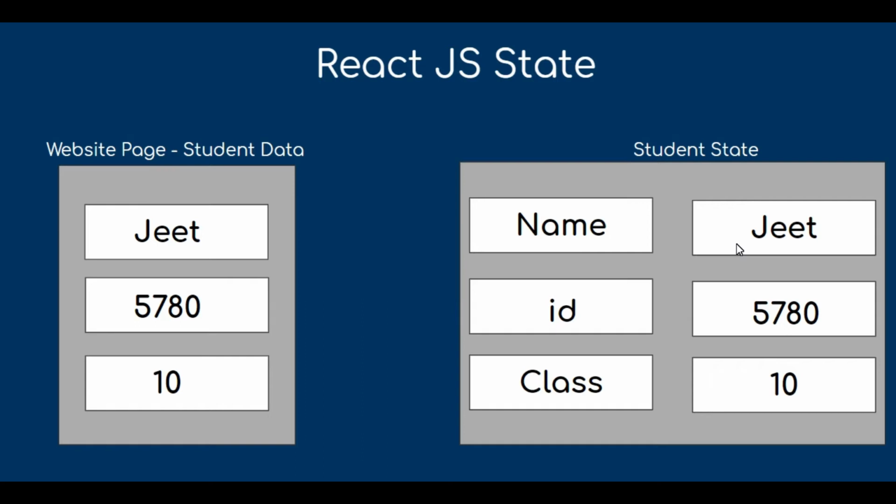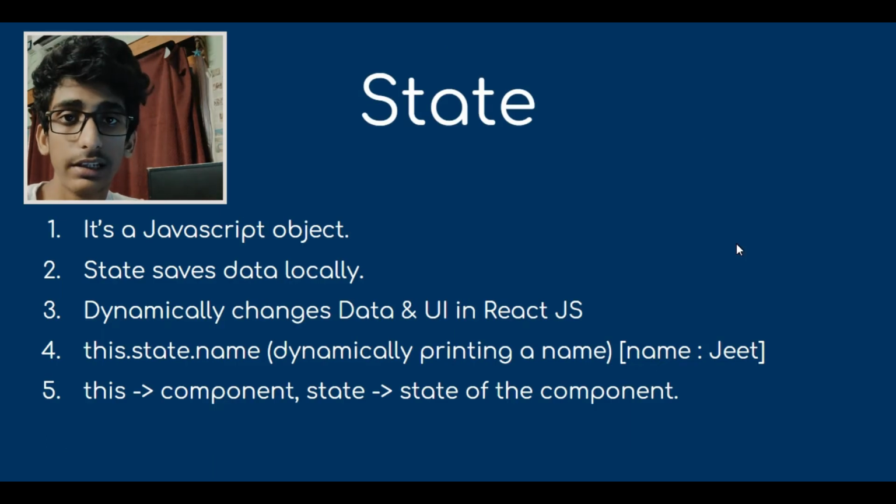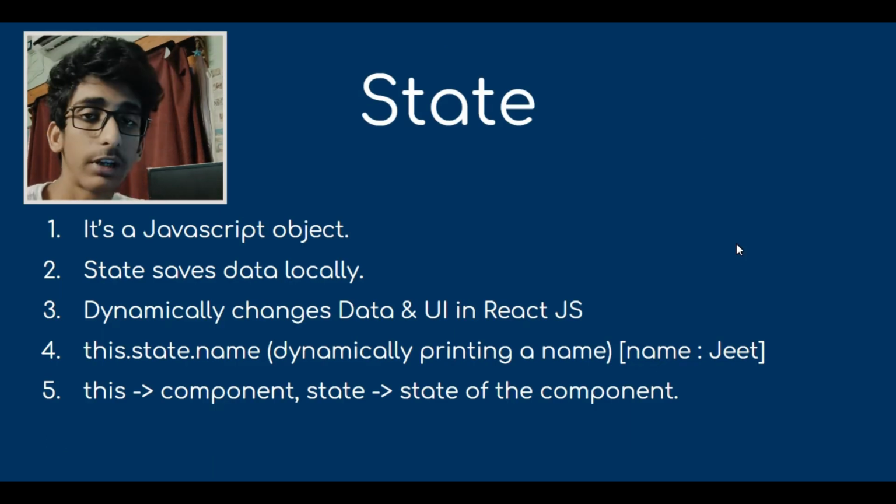Inside our student state, we are saving three things: name equals to Jeet, a random ID, and class name. In our web page, we are fetching those data and showing it. So we are seeing the name, the student ID, and also the student class. If you want to fetch any name from your state, you have to type this.state.name.